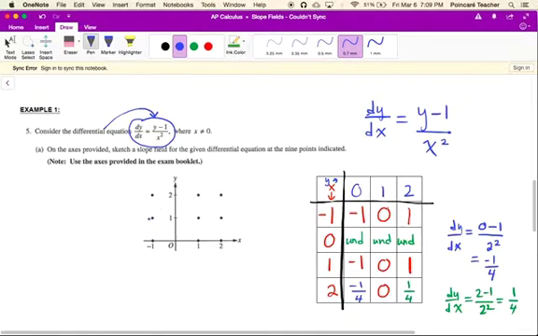So we draw a line that's horizontal through that point. And then there's another slope of 0 at 1, 1. And then another point where the slope is 0 is 2, 1. So those values all have a slope of 0.